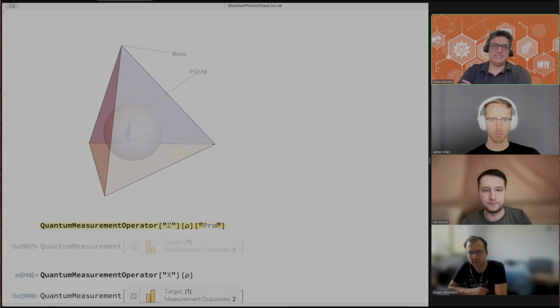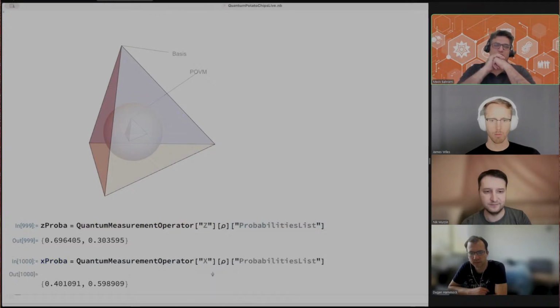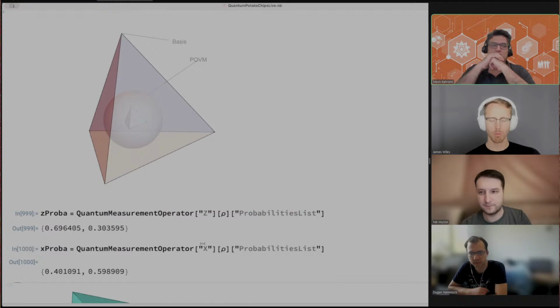Basically, what Nick is saying is, let's say you're an experimentalist, you perform a measurement, you get these two numbers, and then you pick a different direction, you get these two numbers. And then somebody asks you, can you tell me what the quantum state was? Sadly, the answer is no.